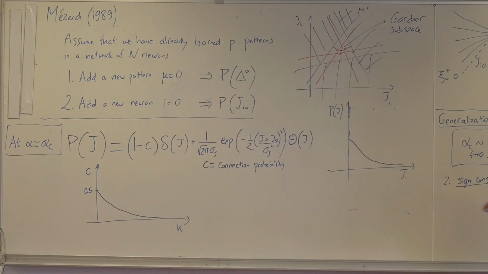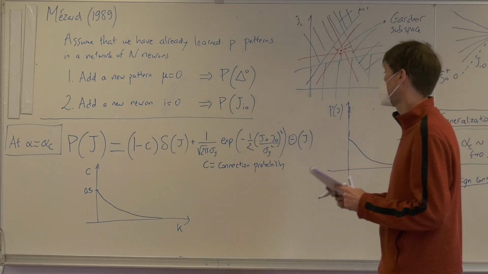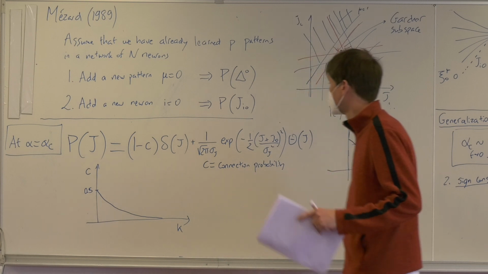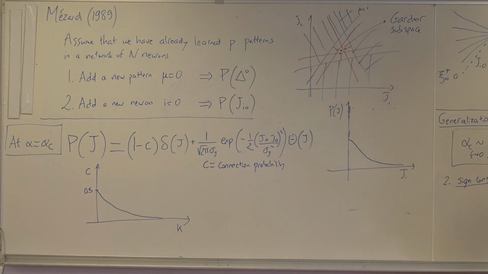So in other words, if you have these sign constraints, and here I just took the simplest case where all synapses are excitatory, and then of course you have to add a threshold, but that's an easy addition that you can make to this model.